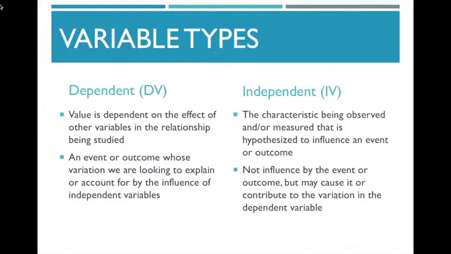So here's the sentence. Independent variable causes a change in dependent variable. And it isn't possible that dependent variable could cause a change in independent variable. So here's an example using that sentence. Time spent studying prior to test 1 causes a change in test 1 score.